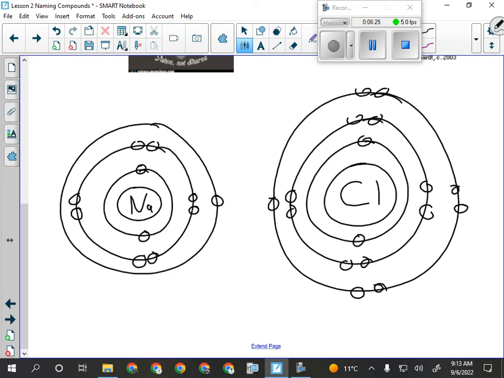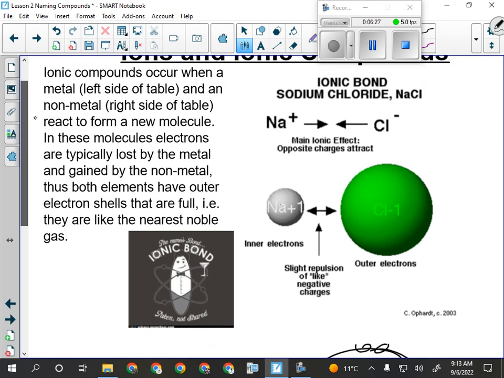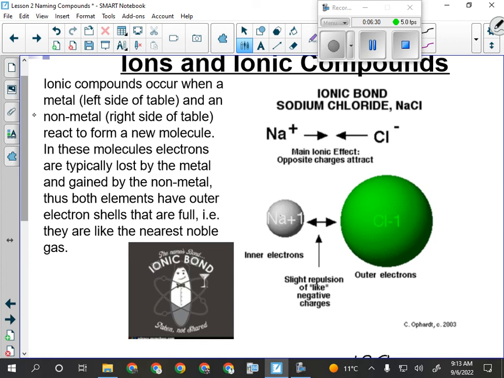So when we get a compound like that, we have to name it and we have to be able to write a formula for it. The naming for ionic compounds is very easy. Name the metal first, name the nonmetal second, and change the ending of it to -ide. I didn't call it sodium chlorine, I called it sodium chloride.